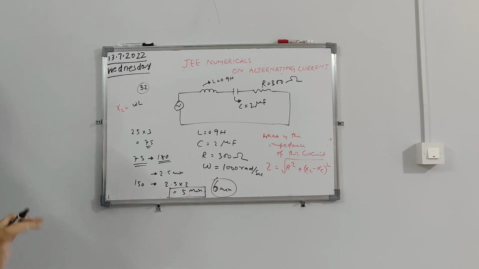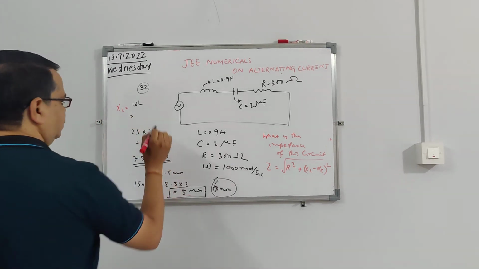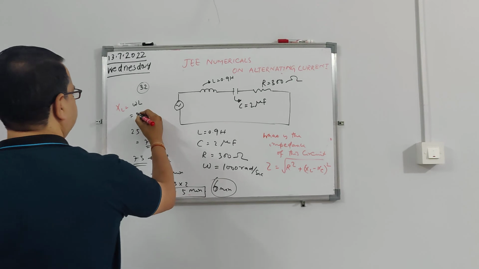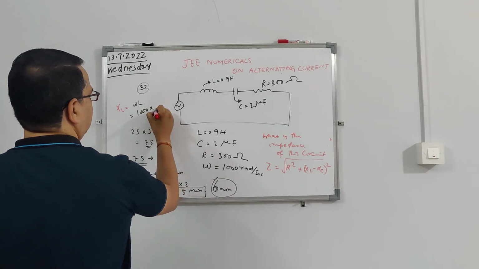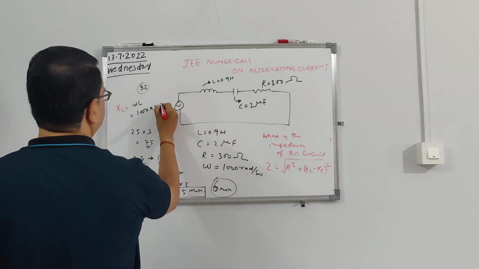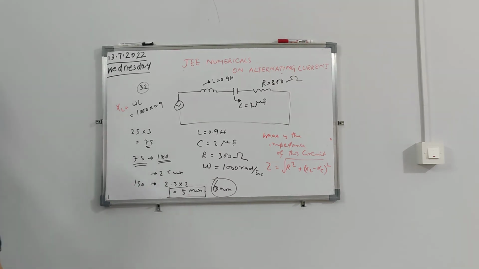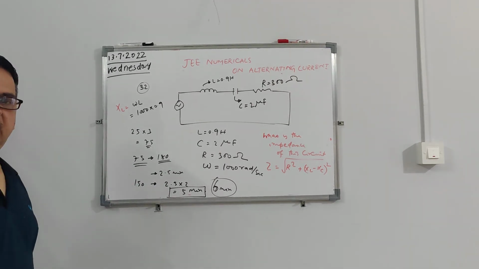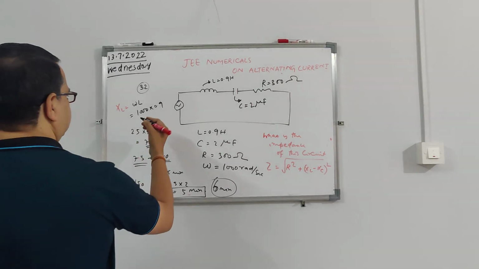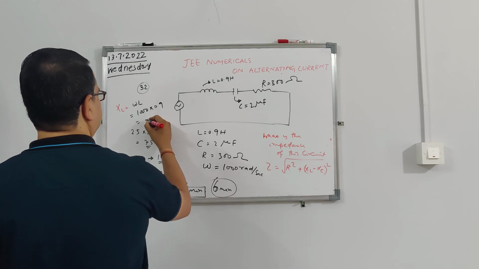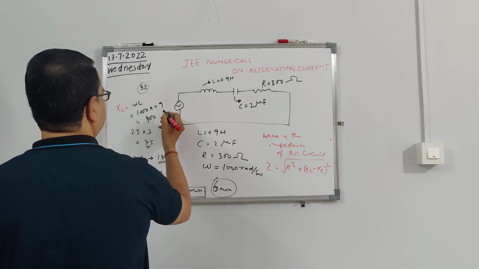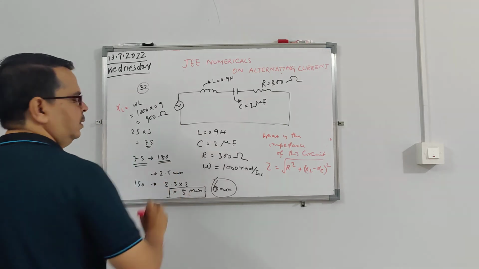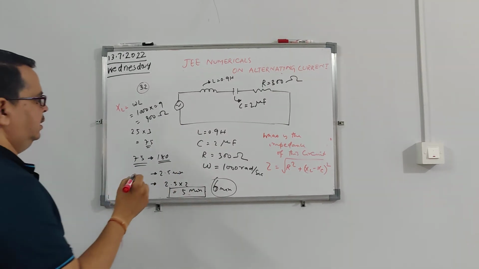Omega is 1000 into 0.9, and it is already in Henry so you don't have to convert. If it is in millihenry, you have to convert to Henry for SI unit. So this is 900 ohm. This is your XL.